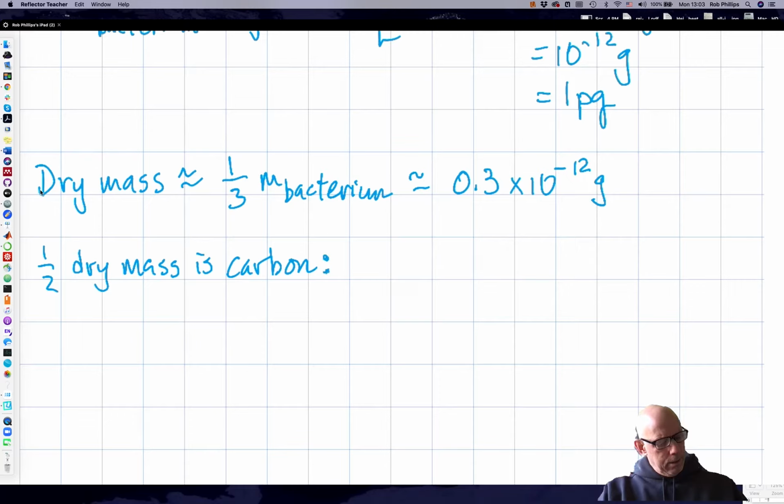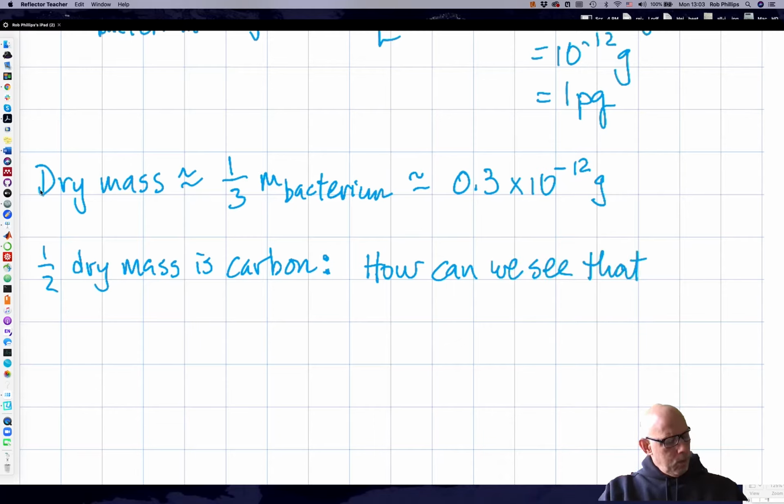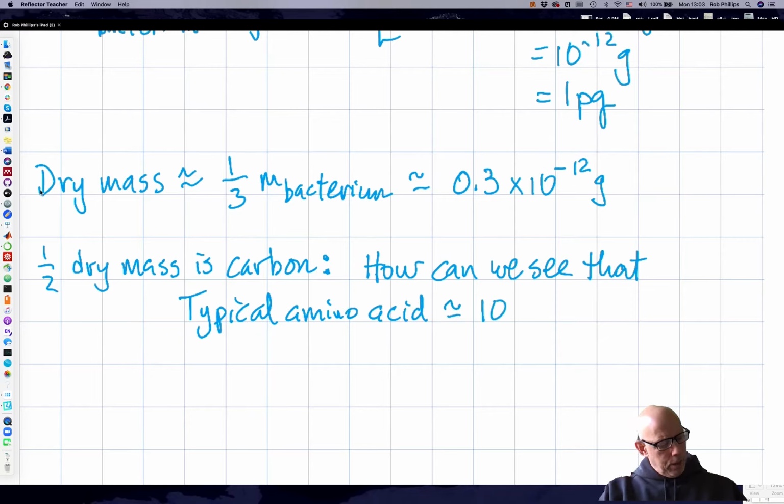And if you want to think about that, how can we see that? So one idea would be to note that a typical amino acid, for my purposes, is about 100 Daltons.